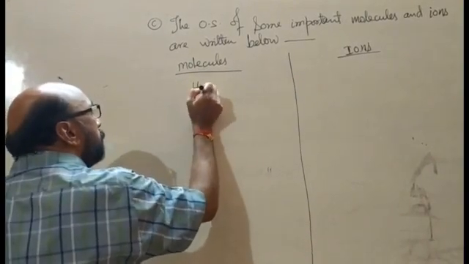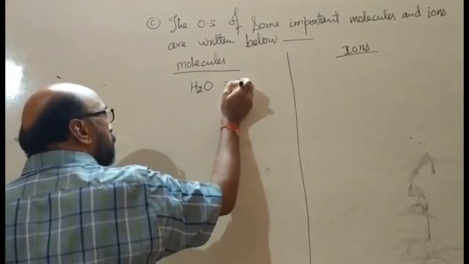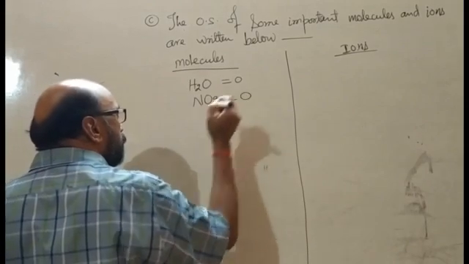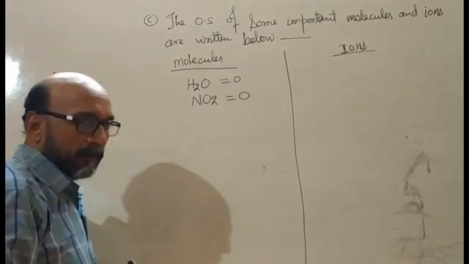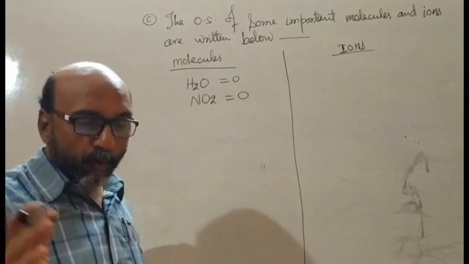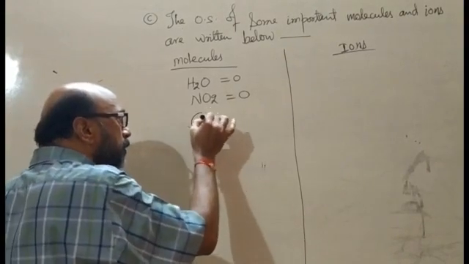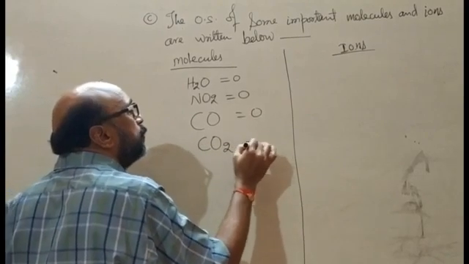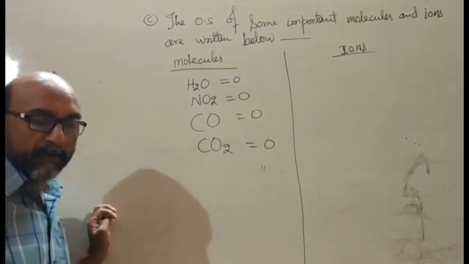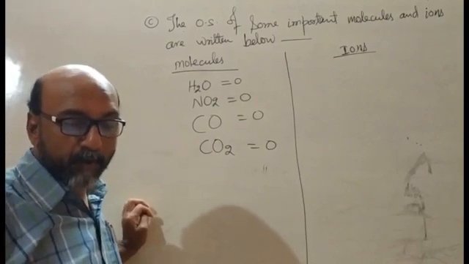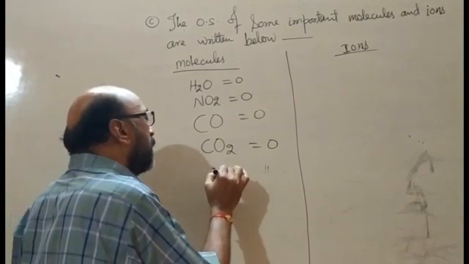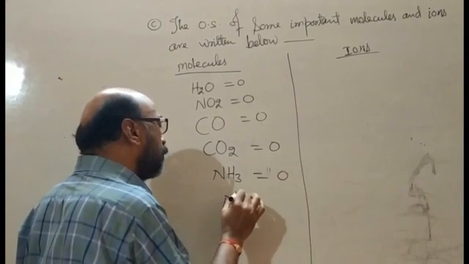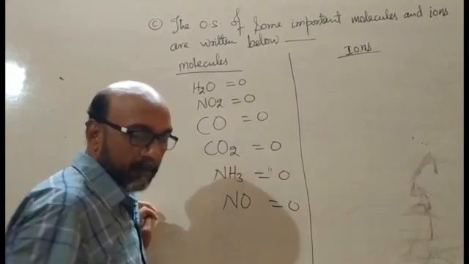H2O as a whole 0, NO2 as a whole 0, CO as a whole 0. Sometimes CO2 is also used as a whole molecule in a particular compound. Ammonia, NH3, NO, 0, etc.